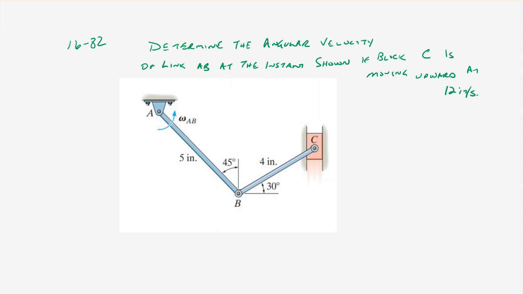Okay, so we know that block C is moving this way. It's constrained.